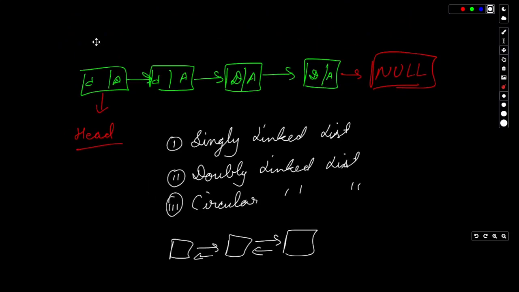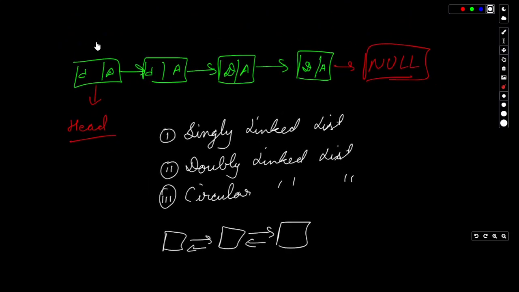In a singly linked list, imagine you are in a train at a particular compartment, and how do you travel inside the train? Let's name the compartments A, B, C, D. If you are at compartment A and you want to go to compartment D, you will be hopping from A to B, B to C, and then finally C to D. The single constraint we have in a singly linked list is that we cannot go back.